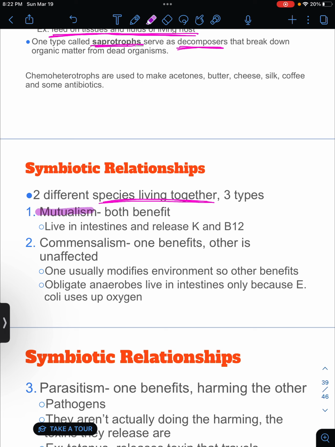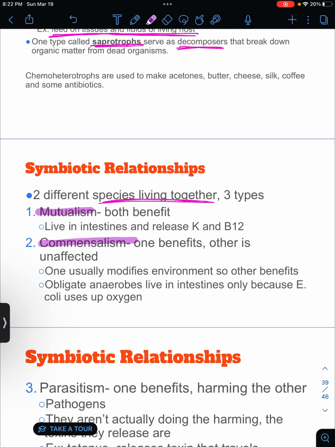Both benefit. Number 2 is commensalism. One benefits and the other one is unaffected. One usually modifies the environment, so the other benefits.